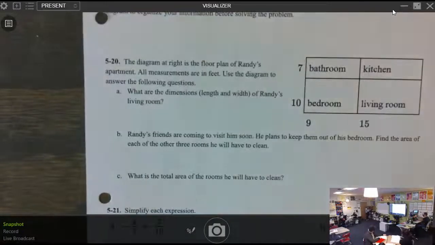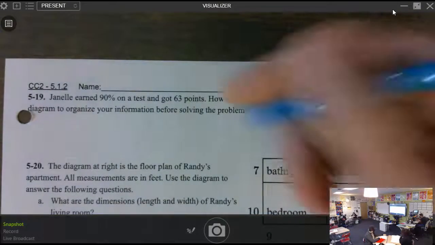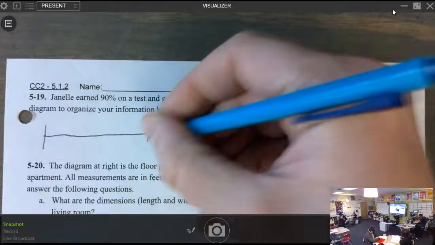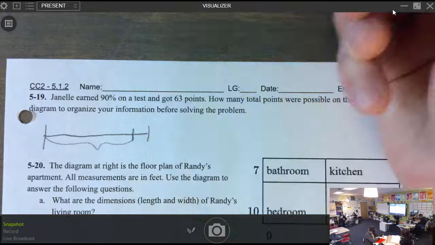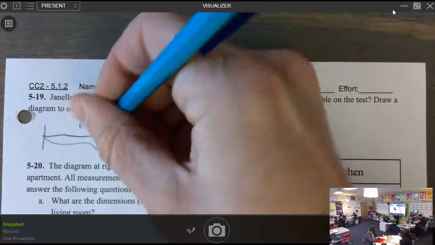In 19, it says Janelle earned 90% on a test and got 63 points. So there are different ways we could solve this. We could set up one of our models and show that Janelle got 90%, which is most of the test, and that would be 63 points.